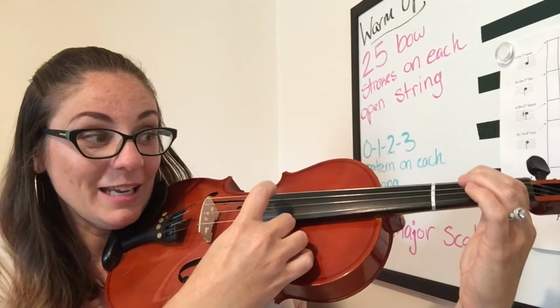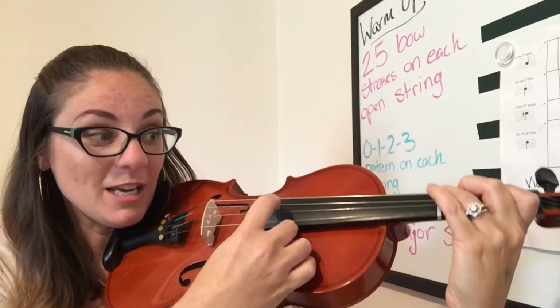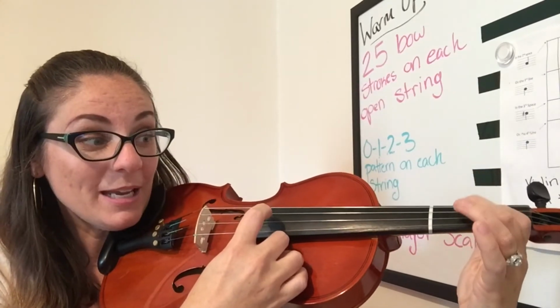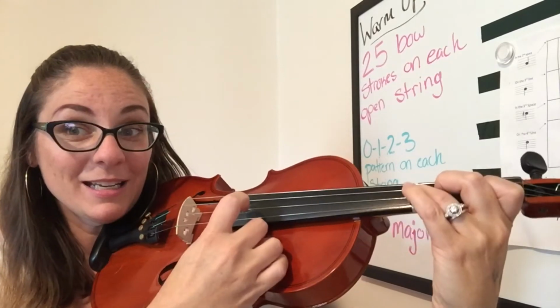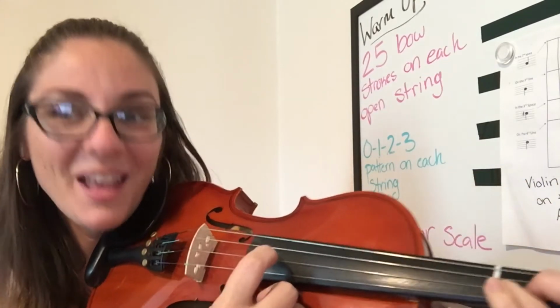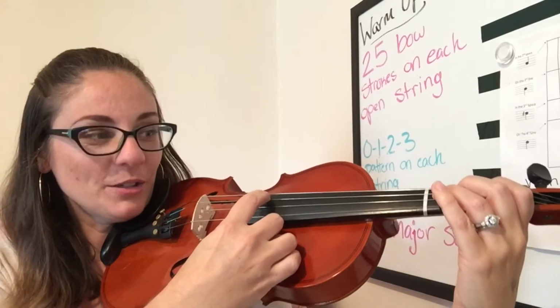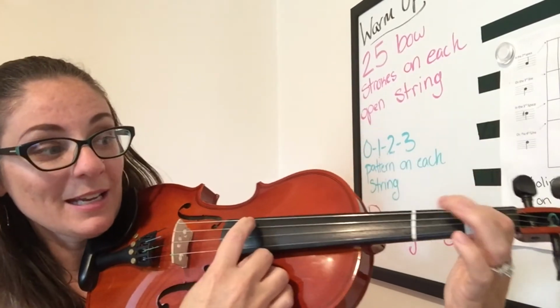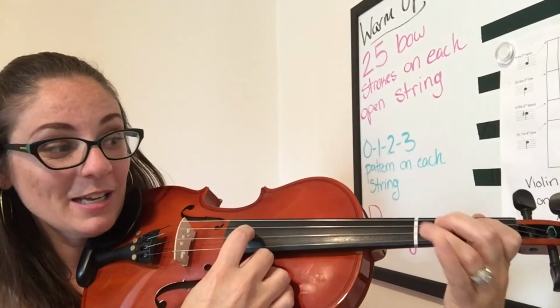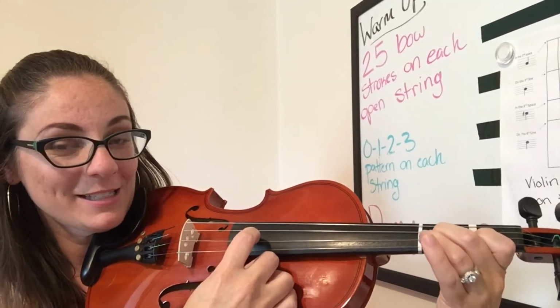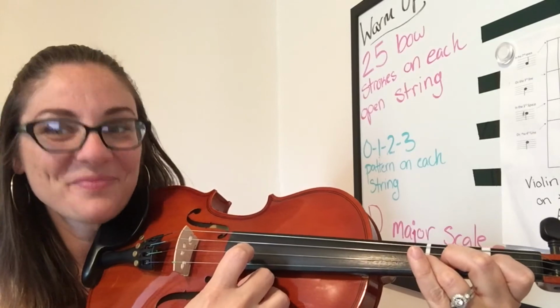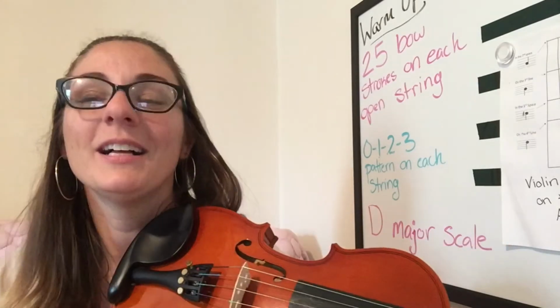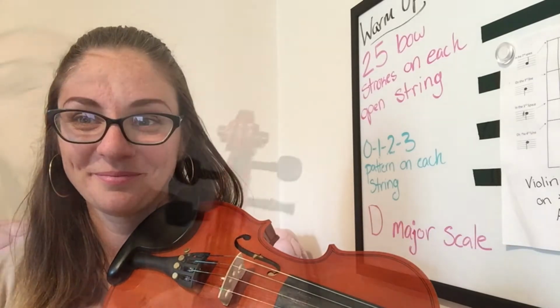D, E, F sharp, G, A, B, C sharp, D. That's it. Let's go up one more time. 1, 2, ready, D. D, E, F sharp, G, A, B, C sharp, D. Very nice. Now, let's do it with our bows.